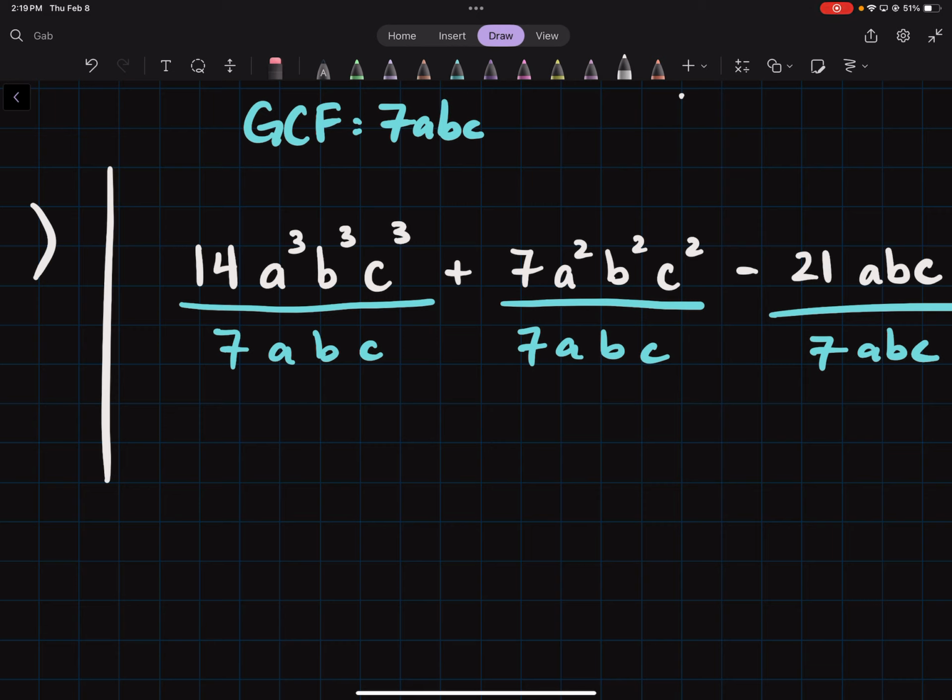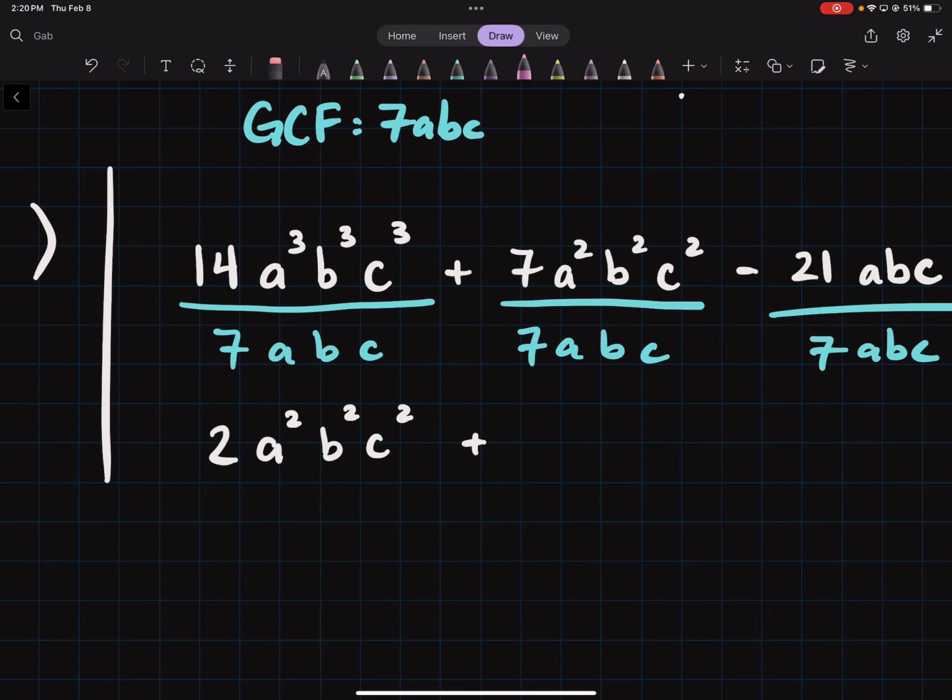Ernesto, divide the first one for me. 2. A squared, B squared, C squared, plus.